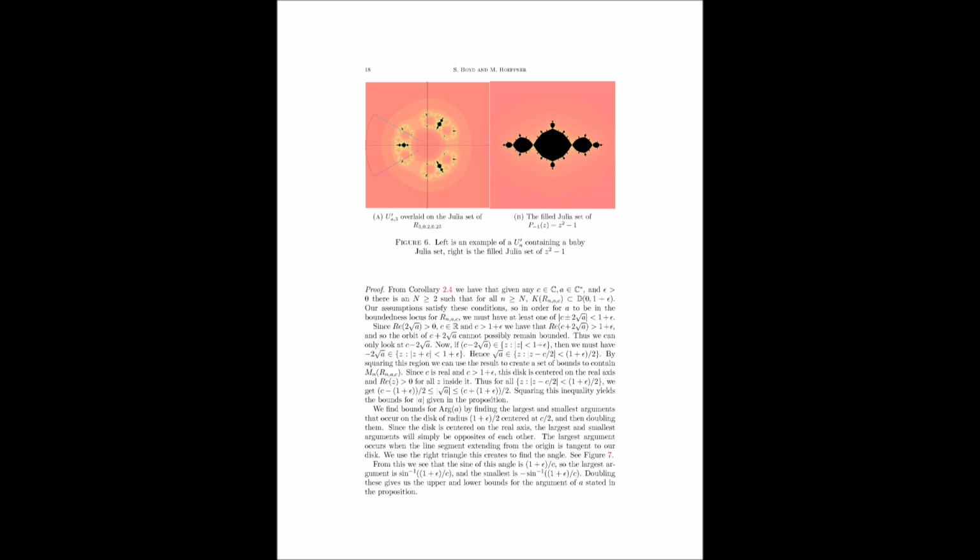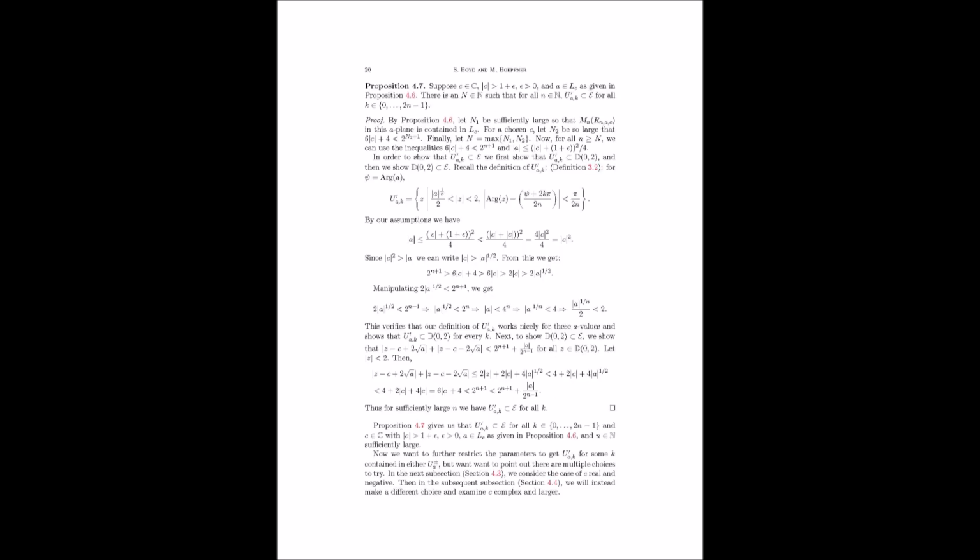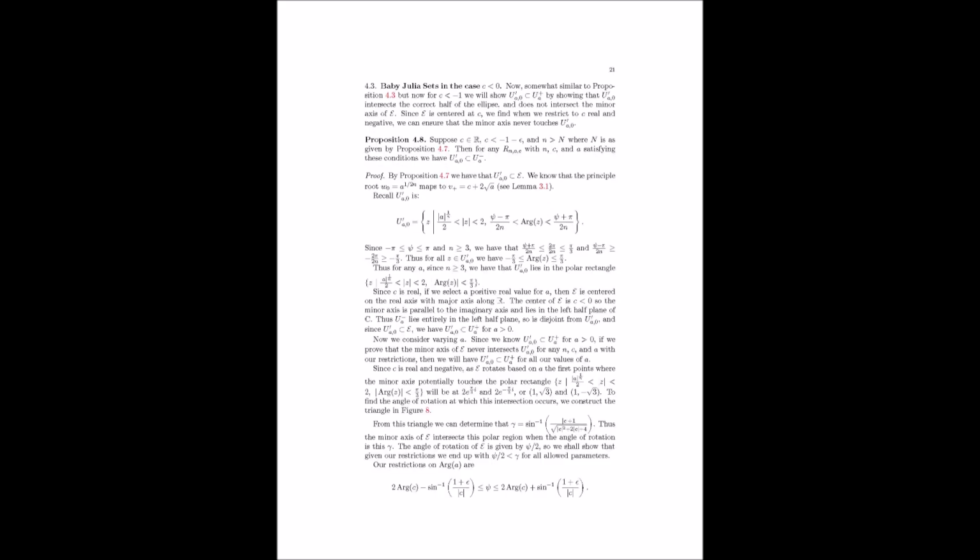I'm seeing the logic here, but UA is only half of the ellipse, right? Right. So how do they go from showing containment within the entire ellipse to just that half? Well, that's where their careful analysis of the boundaries of WCJ comes back in. Remember how they define those boundaries to ensure that the critical values never intersect UAK? Well, they also carefully chose those boundaries so that the critical values would never cross the minor axis of the ellipse.